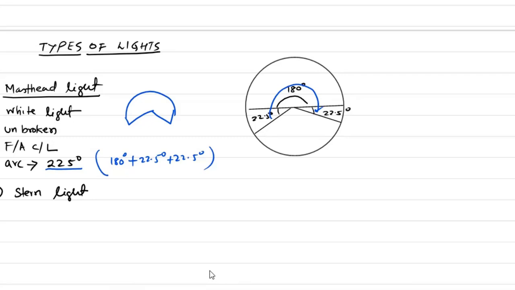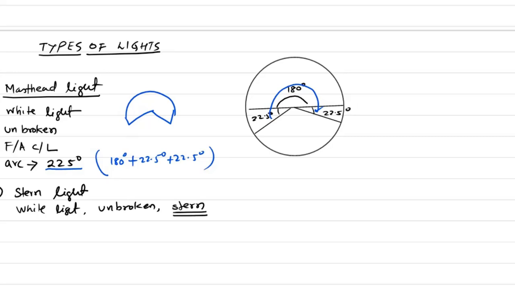Okay. First of all, this is white light, correct. Unbroken light, yes, that is also correct. Fore and aft center line, that is not correct. This is placed at the stern. So it is not necessary that it is exactly on the fore and aft line. It is placed as nearly as practicable at the stern.